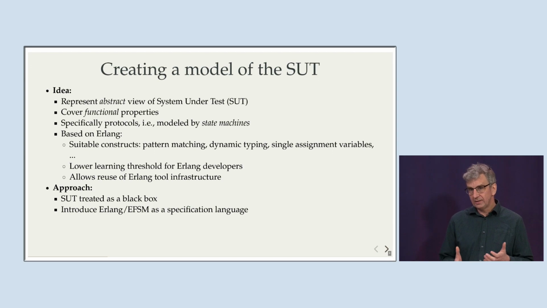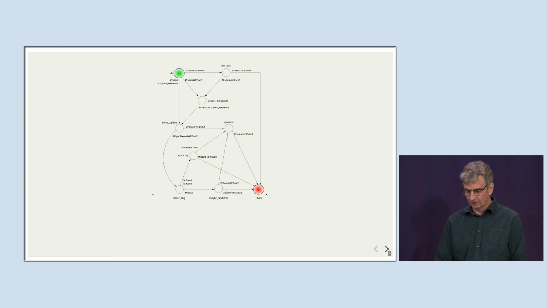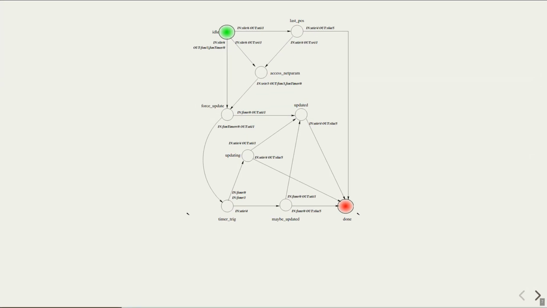And we wanted to create test cases that treated the system and the test as a black box. It's black box testing. And to do that, we introduced Erlang ERFSM as a specification language, which essentially is a subset of Erlang with a few minor extensions. So here we have a system, a state model. It should represent an extended state model where you have state variables and you have events.